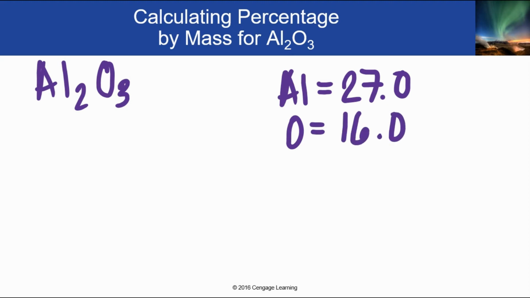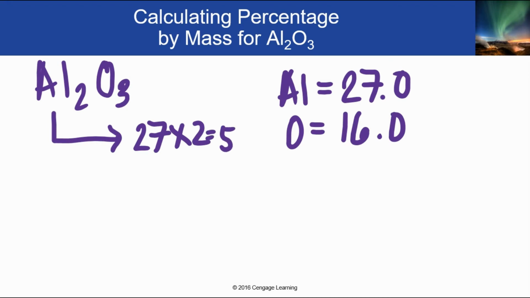Okay. So next is we have to get the formula mass of this. So the formula mass of aluminum oxide is aluminum is 27. Ilan siya? Dalawa times 2. This is equal to 54. Next, we get oxygen. Oxygen is 16 times 3.